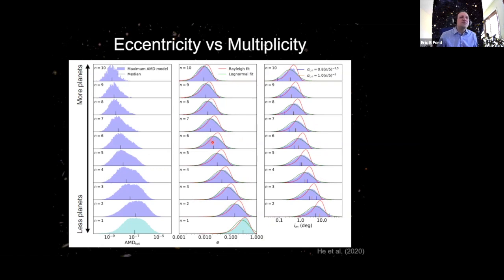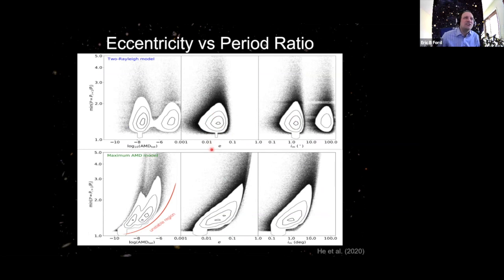But there are also some interesting differences if I look at the period spacing. For example, when I have a multiple transiting system, that often has planets spaced by period ratios of 3 to 2, because there are several closely spaced planets, maybe up to 2, and not many much beyond that. And so in these systems where I have multiple transiting planets, I'm typically in this regime where I have relatively low eccentricities in either model.